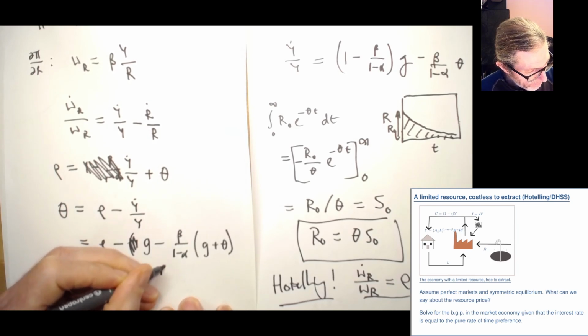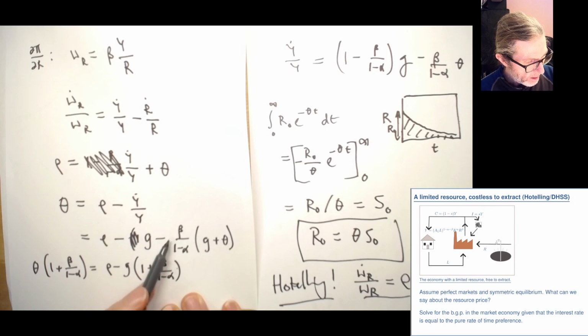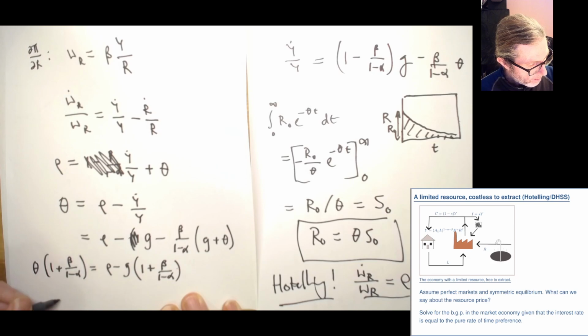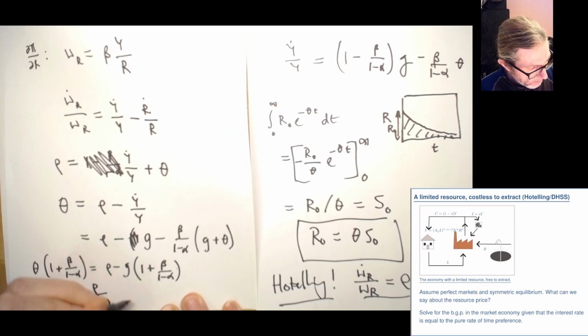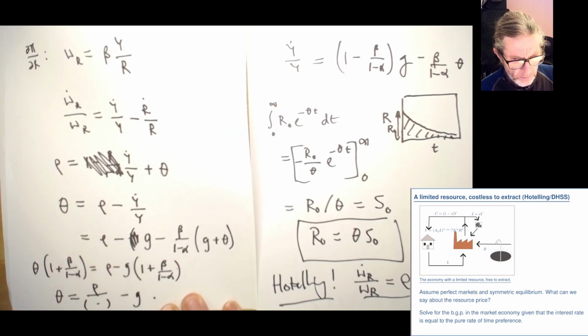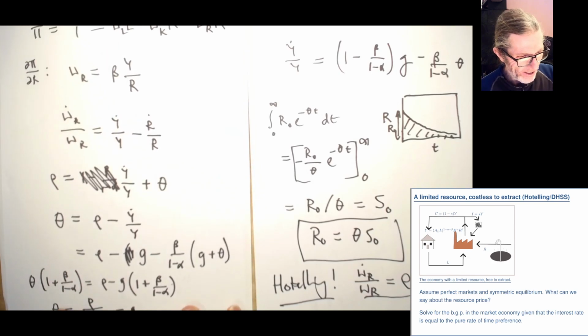So theta, according to this, is rho over that term in brackets minus g. But I'm not totally sure that's correct. I just got to pause and check through this. I think I made a mistake somewhere.